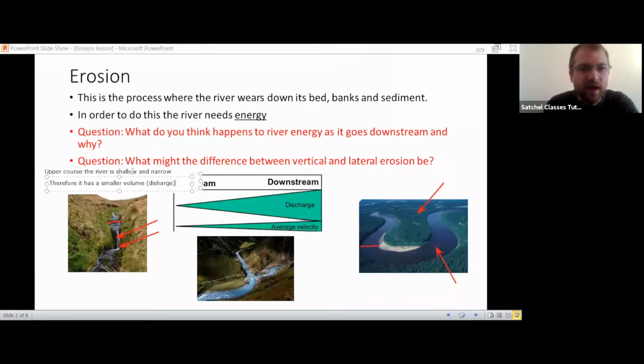We can see that that agrees with what we can see in the Bradshaw model. Okay, it matches what we can see there. So there's a smaller discharge, it's got a smaller volume in the upper course.